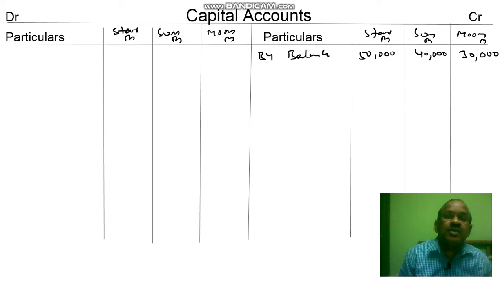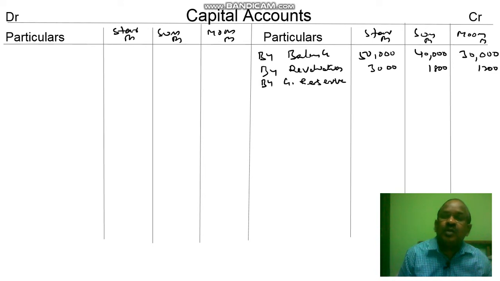Next one is by revaluation account, that is 3,000, 1,800, 1,200. By general reserve, that is 10,000, 6,000, 4,000. All adjustments are over.